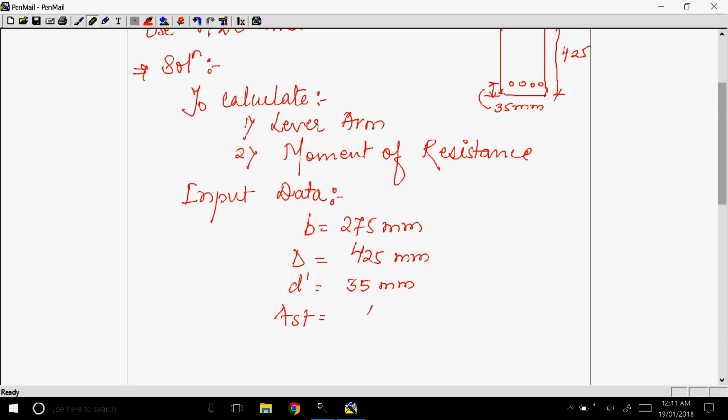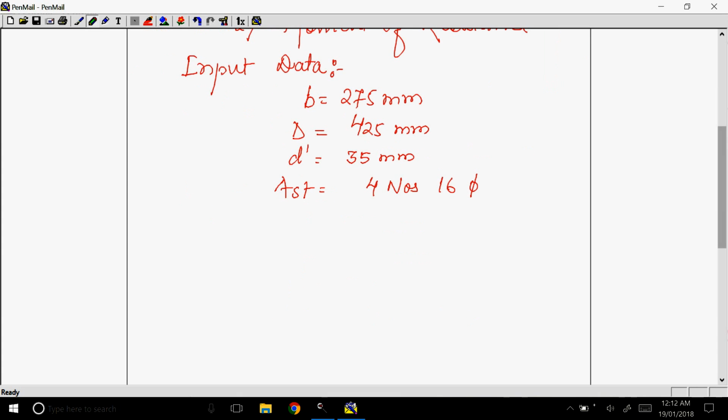So total Ast in terms of area, in mm square, Ast is equal to 4 into pi by 4 into 16 square, that is d square. So d is your 16, so it is equal to 804.25 mm square. So Ast given is 804.25 mm square.